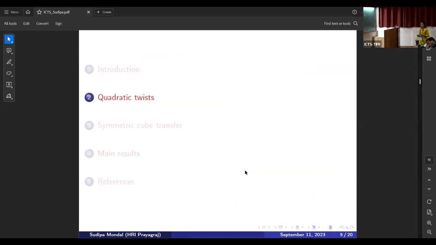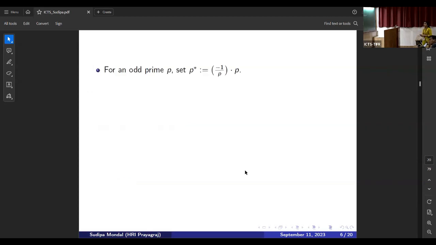So next I'll talk about quadratic twist. Start with an odd prime p, and then p star is either plus p or minus p, depending on the Legendre symbol of minus 1 over p. In that case, this is a quadratic extension, and this extension is ramified only at p. Each quadratic extension will give a quadratic character.